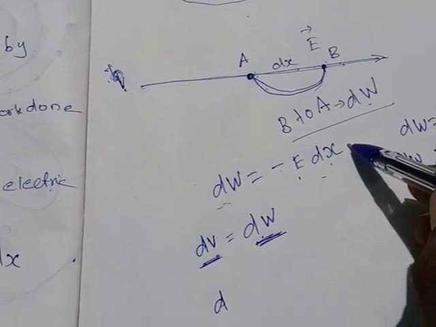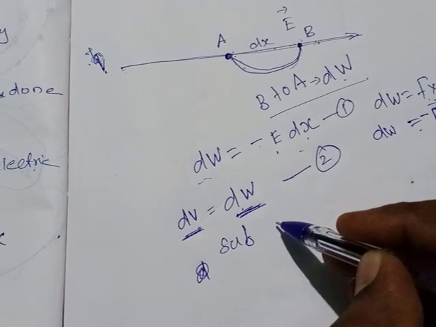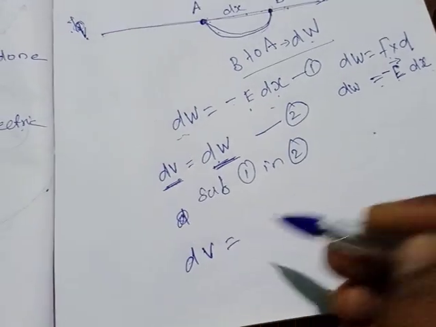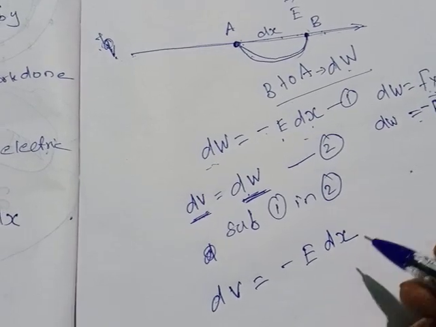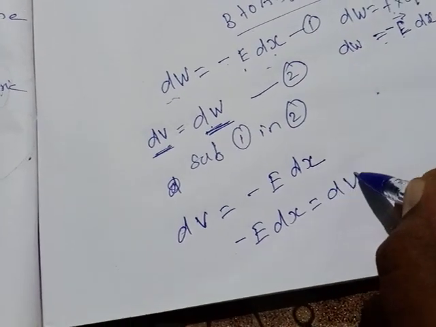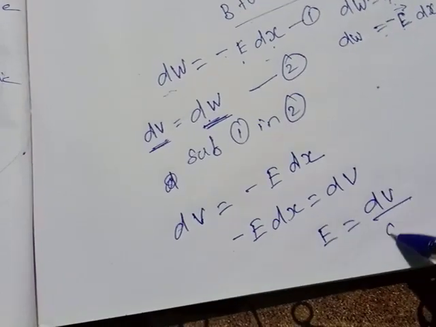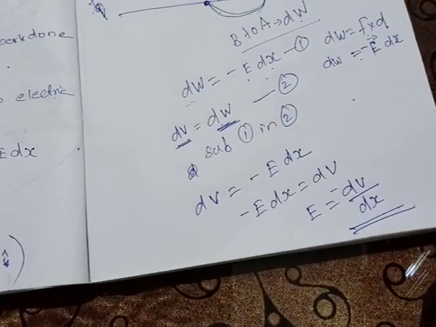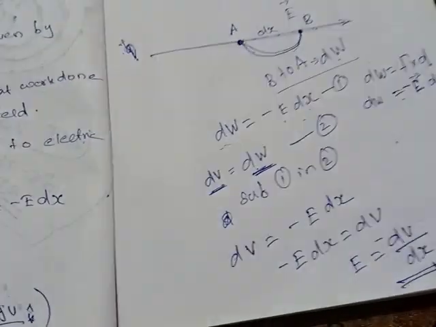Now you can take this as 1 and this as 2. Now you can substitute 1 in 2, so that dV equal to minus E into dx, so you can write minus E dx equal to dV. So E is equal to minus dV by dx. This is the relationship between electric field and potential difference. So you can write this equation.